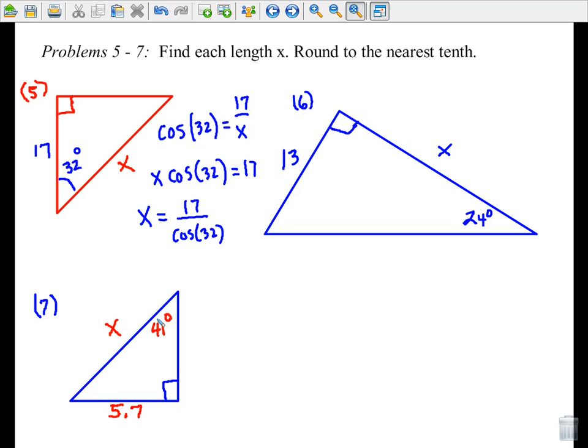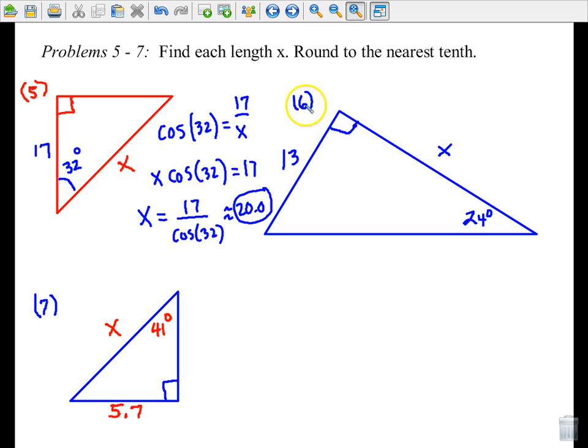If you do 17 divided by cosine 32, you end up with 20.0460326. We're rounding to the nearest tenth, so that would actually be 20.0. All right, so that would be my answer for number 5.